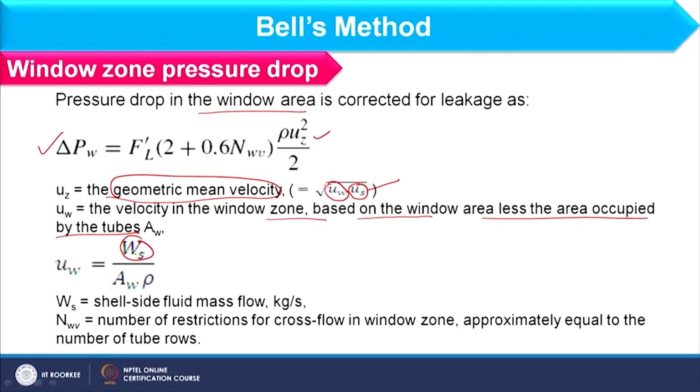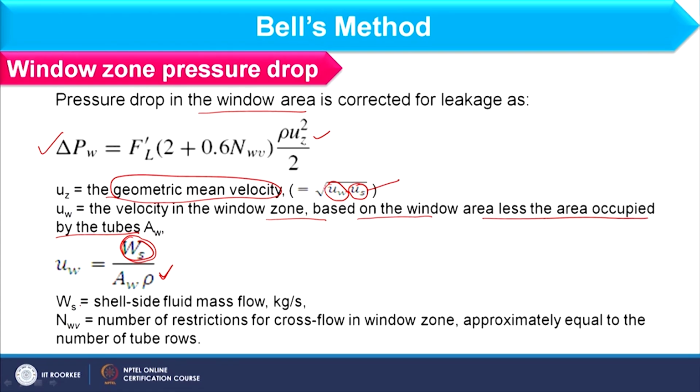So, we will see the detailed calculation of UW in the next slide, and the expression of UW is WS, that is the shell side fluid flow rate. AW is basically the area which is available in the window zone for free flowing of fluid, and rho is the density of the fluid which is available in the shell side.